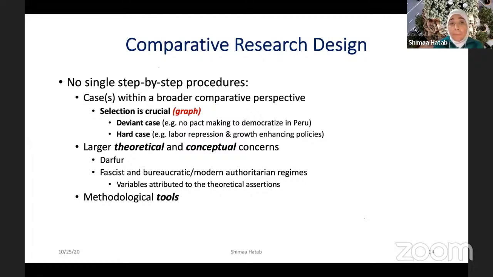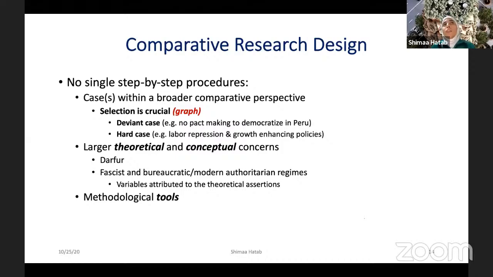So this kind of requires collecting some information and facts about different cases, and knowing the theoretical frameworks and conceptual frameworks existing in the literature in order to conduct your comparative research.